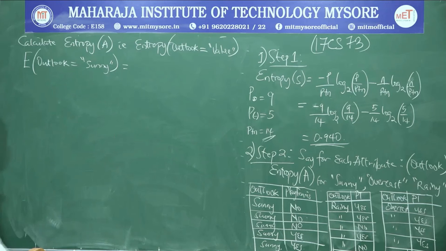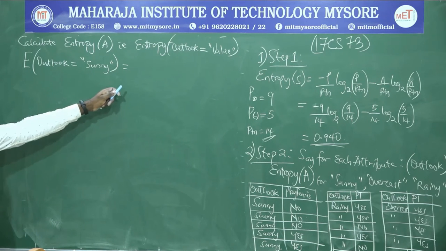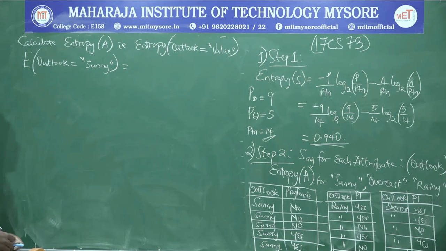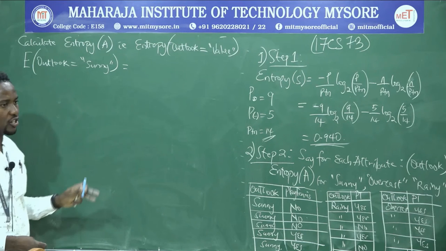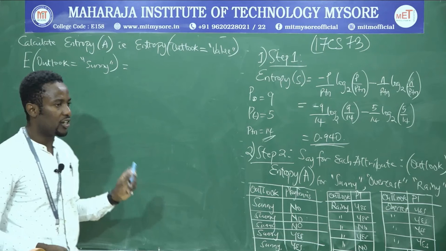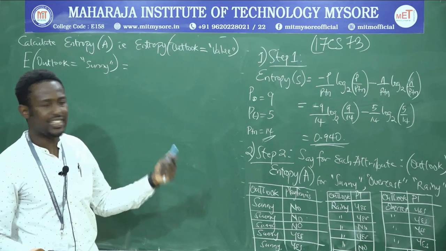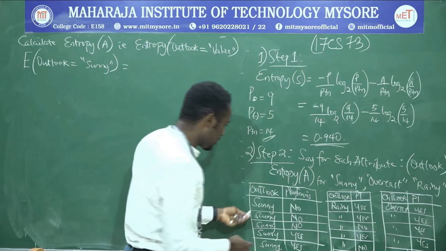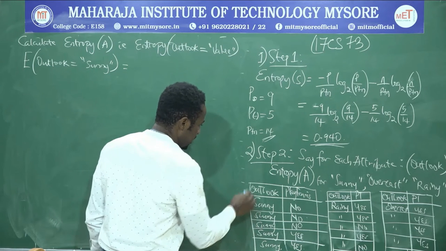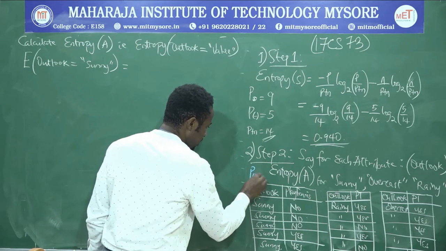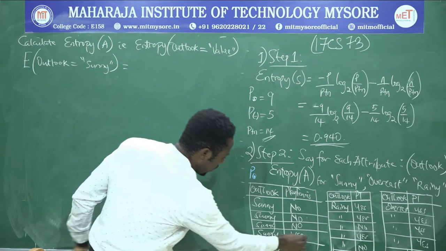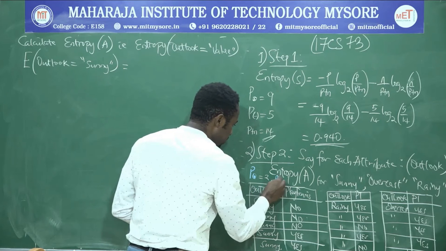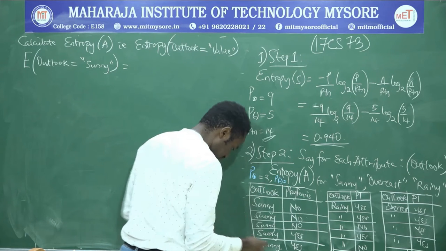So what do we have? Sunny, how many positive examples are there? Please be very careful. Remember, when we are calculating the sub-samples, we cannot use P plus N of the entire data set. That's why we made this table, right? So let's check how many positive samples are there. 1, 2. So obviously, negative samples will be 3. No magic.